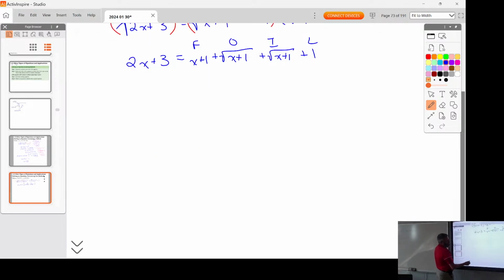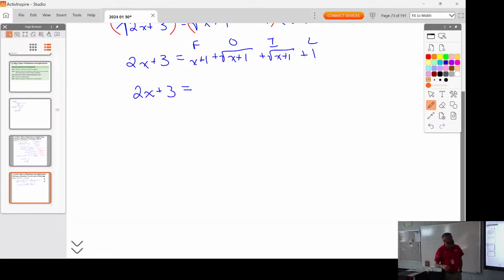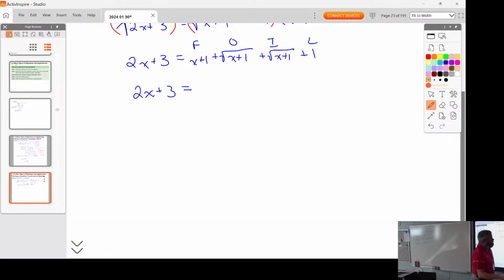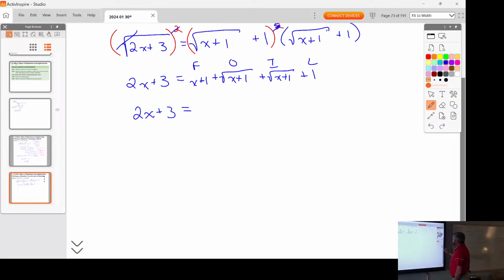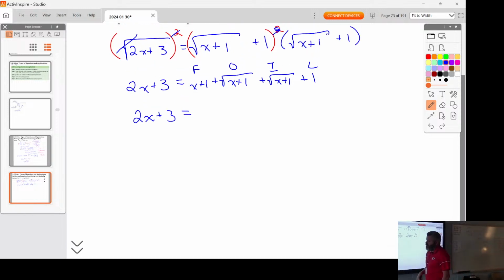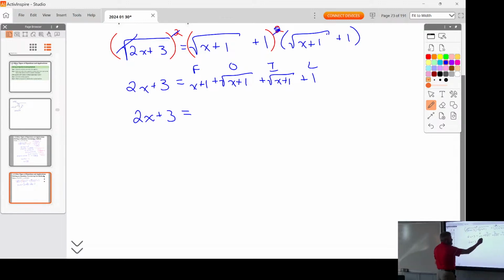Let's combine like terms. Left side looks good. Combining like terms, on the right side, I've got an x.